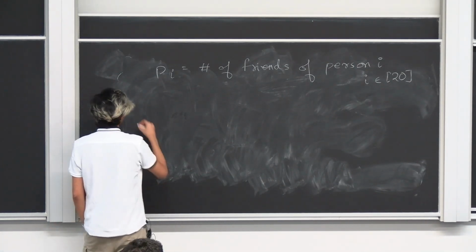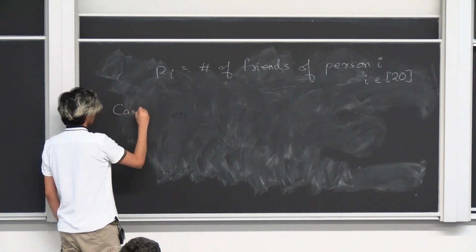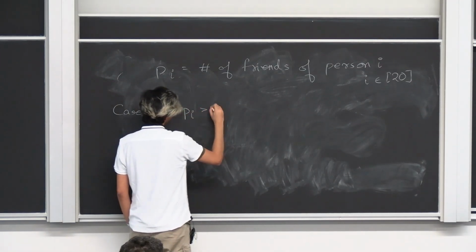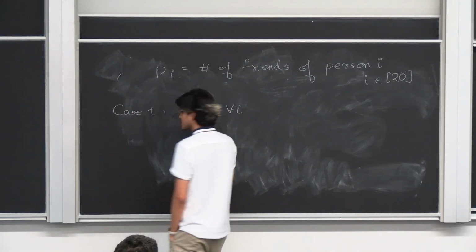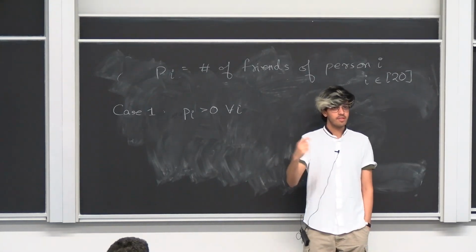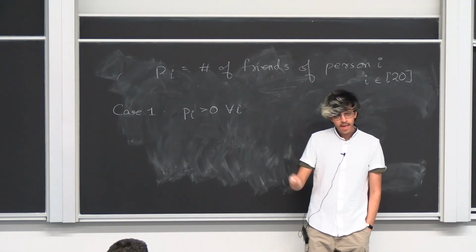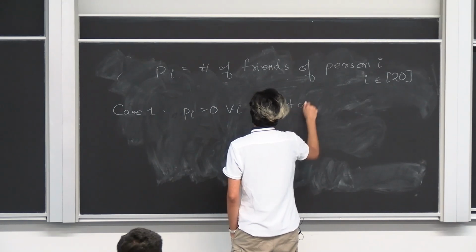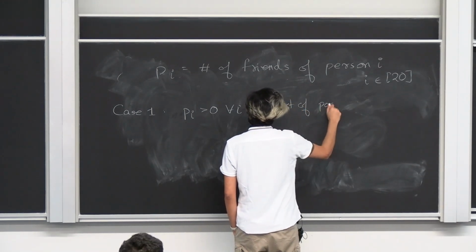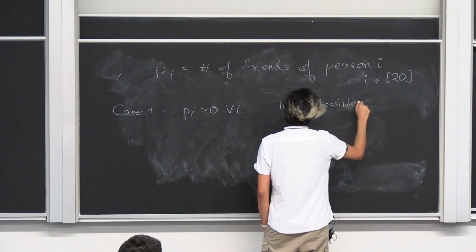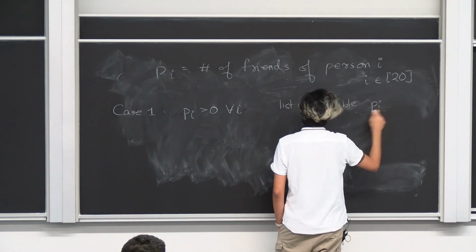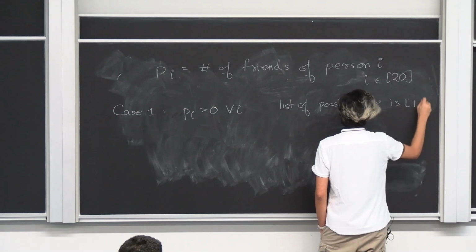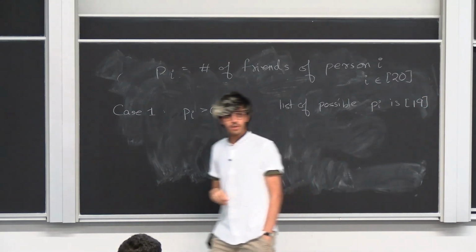So case 1 is that P_i is greater than 0 for all i. What does this mean? Every person has at least one friend. In that case, the list of possible P_i is 1 through 19, right?